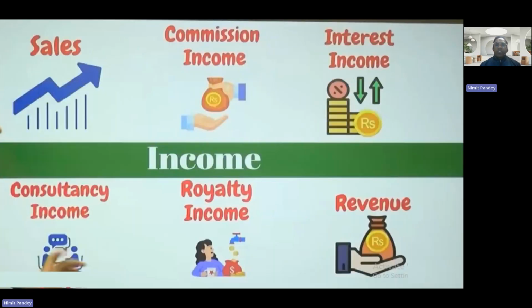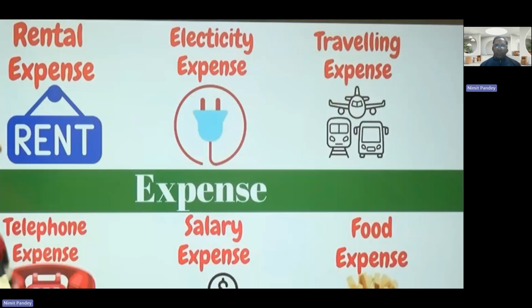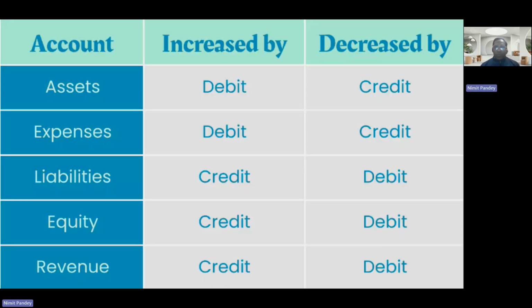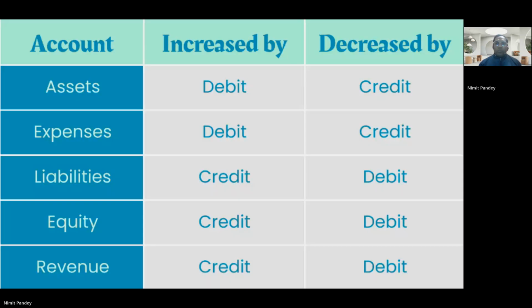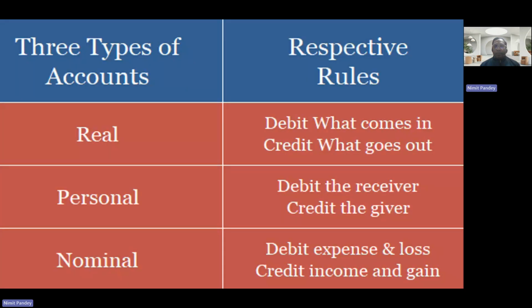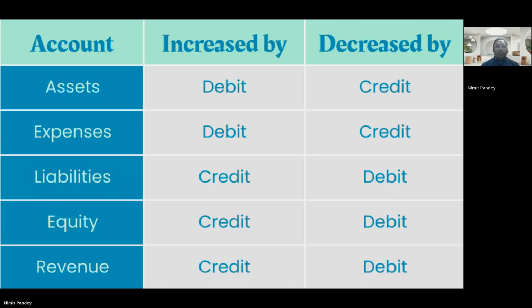And now there are some debit and credit rules according to these categories. Basically, you can learn the debit credit rule from the three golden rules of accounting, or from the account category.